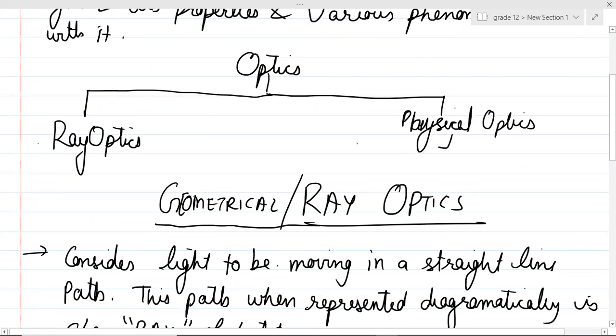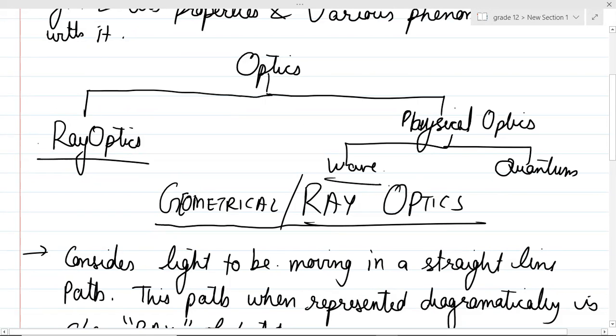And this physical optics has two types: wave and quantum. Is this clear, guys? So ultimately, you have these three as your main distribution. But in case someone asks, is this clear?